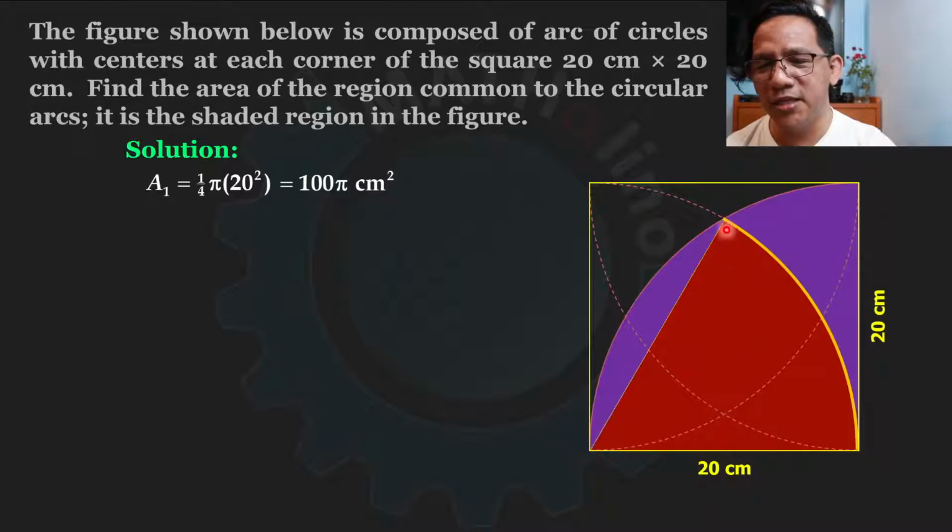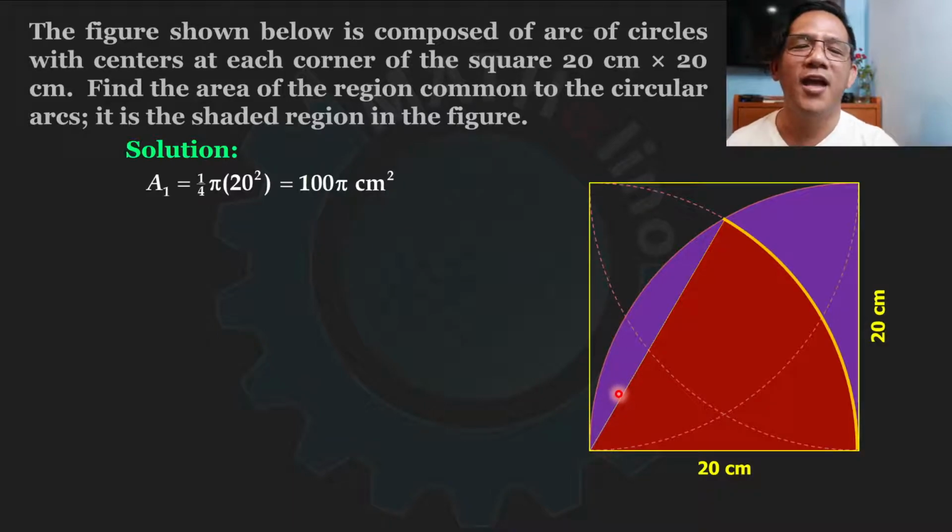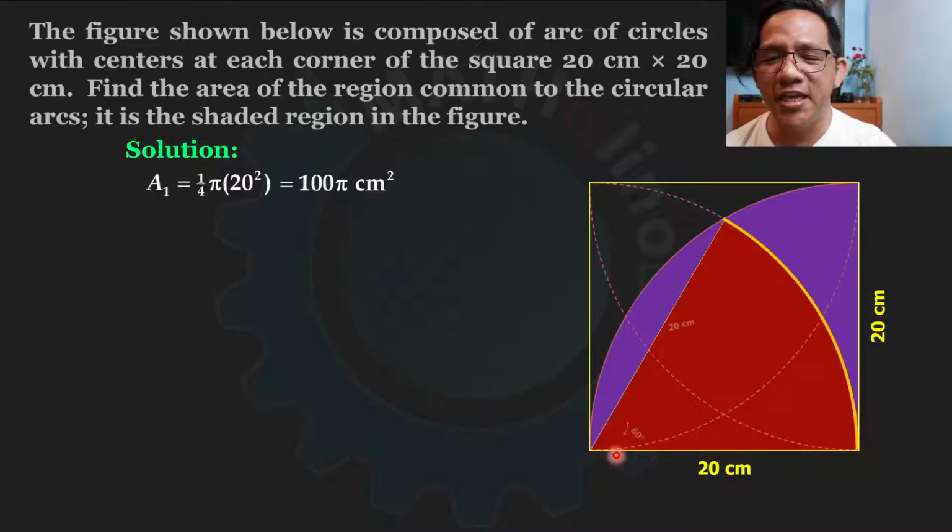Take note that this is a midline of this square, meaning we will bisect this 20 cm into 2 equal segments. This will be 10 over 20. That is actually cosine of theta equal to 10 over 20, cosine theta equal to 1/2. Therefore, theta is 60 degrees.